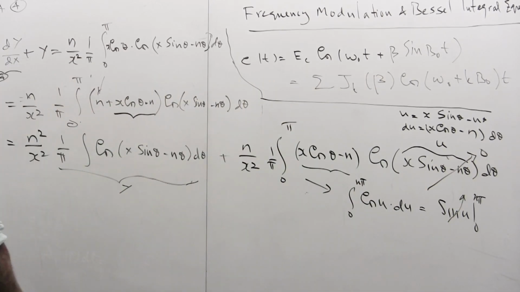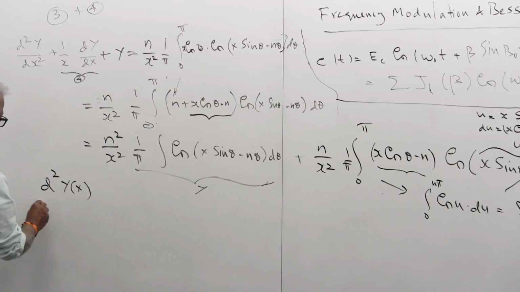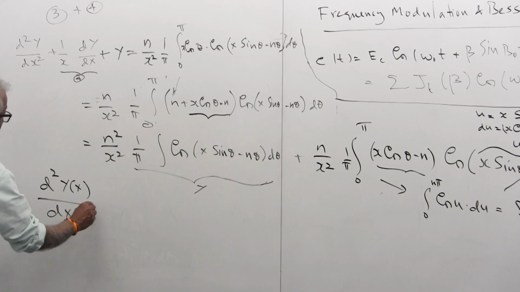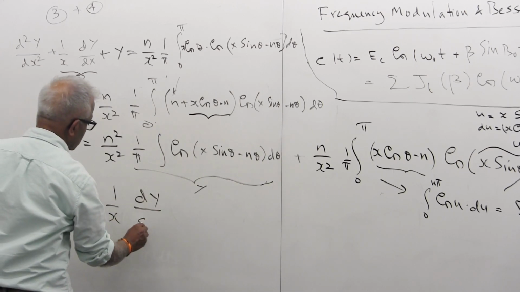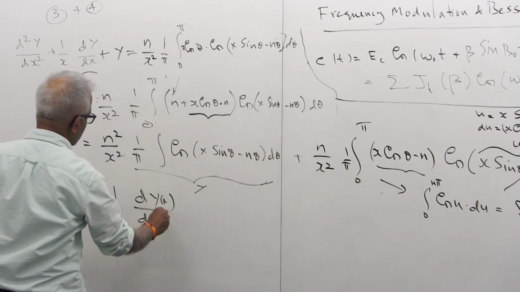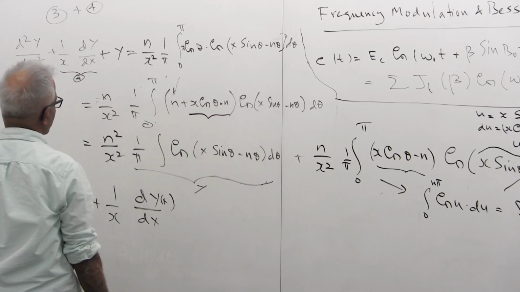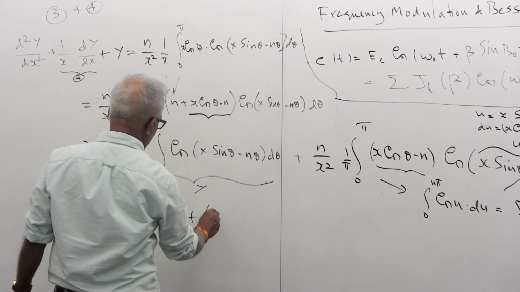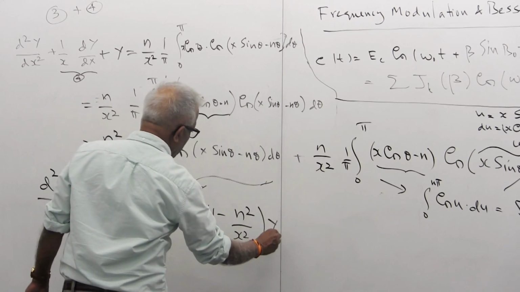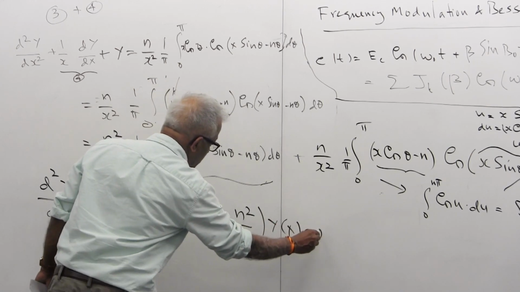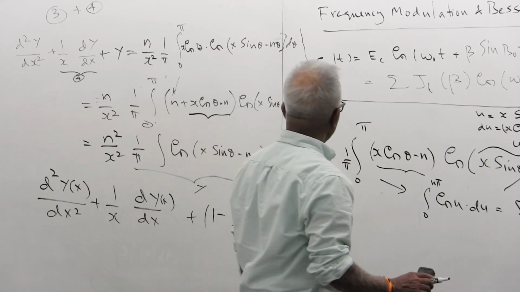So the differential equation, interestingly, will come: d squared y(x) by dx squared plus 1 over x dy by dx plus (1 minus n squared over x squared) multiplied by y(x) equals 0.